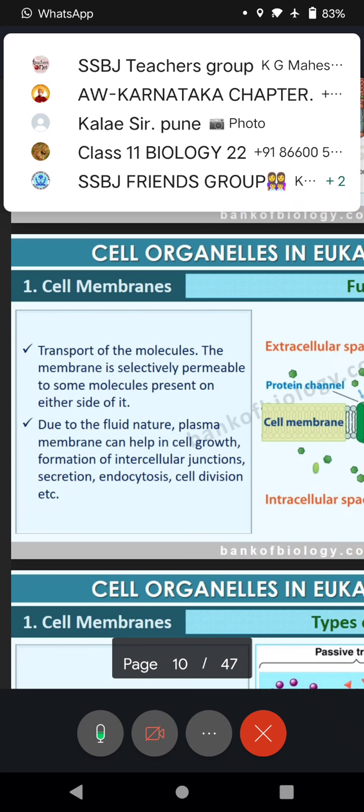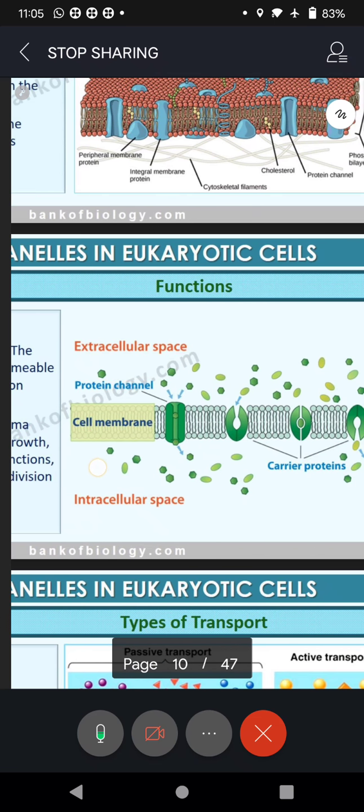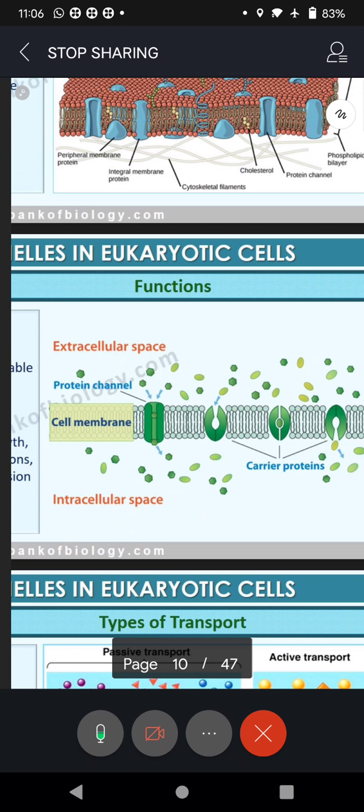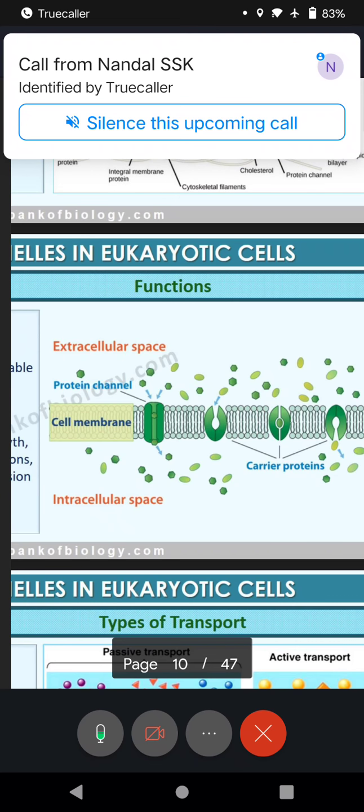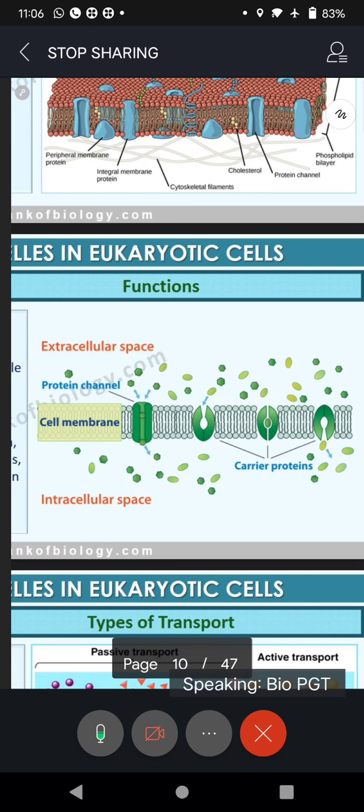That's why we saw channel proteins. And it helps in secretion and endocytosis. Endo means inside, cytosis means breaking. And of course cell division, mitosis. So look at the protein channels. The cell membrane looks like this, and you can see the intercellular spaces, the extracellular space, and carrier proteins, right? So that is the function of the plasma membrane.